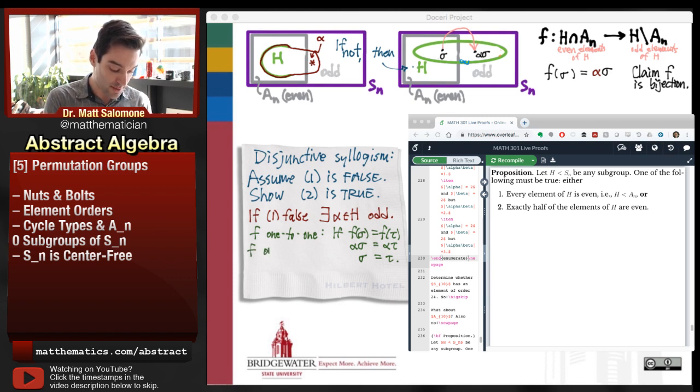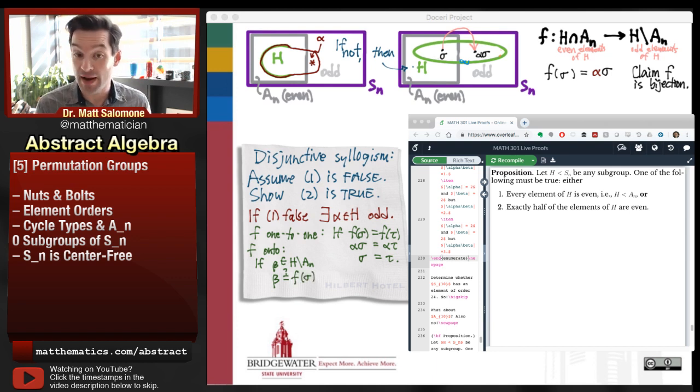Why is f onto? Well, if beta is an odd permutation that belongs to H, then how do I know that beta is equal to f of some sigma?